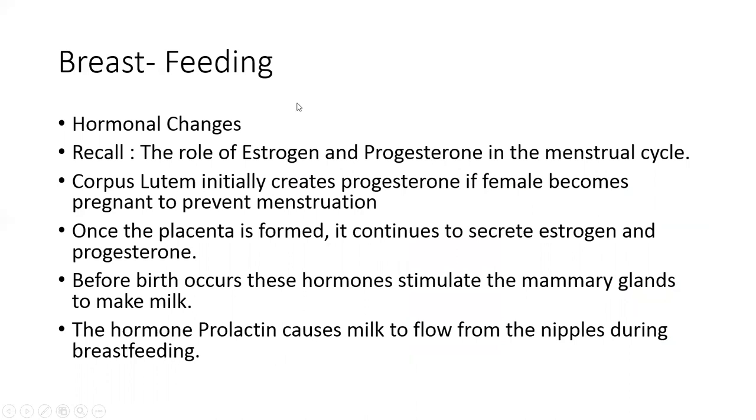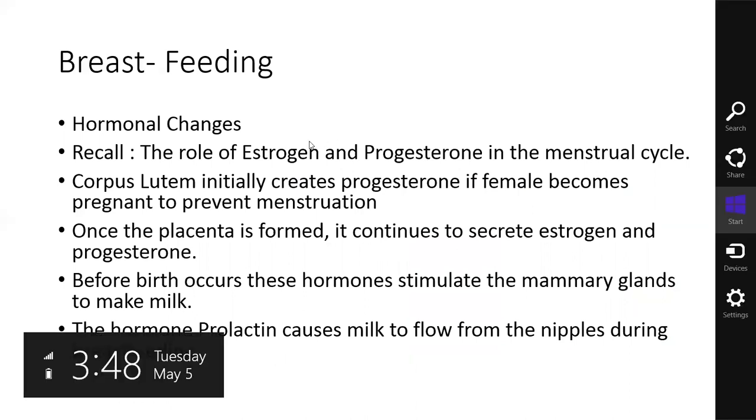We learned that a source of these two hormones is the placenta, and around the end of the pregnancy, the placenta releases estrogen and progesterone, which stimulate the mammary glands inside of the breast to create milk. We also know that prolactin plays a role in secreting this milk from the breast. Those three hormones work together to produce and secrete breast milk.